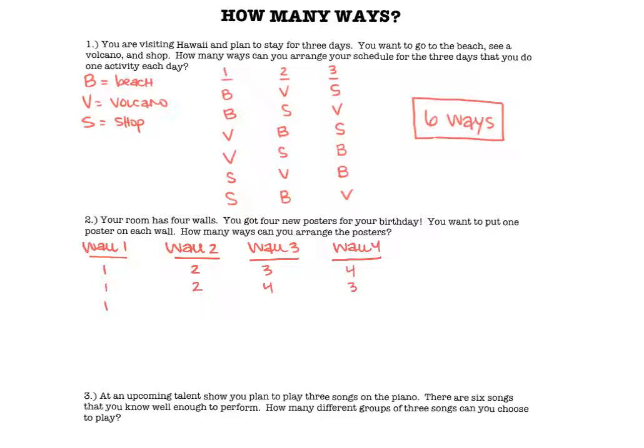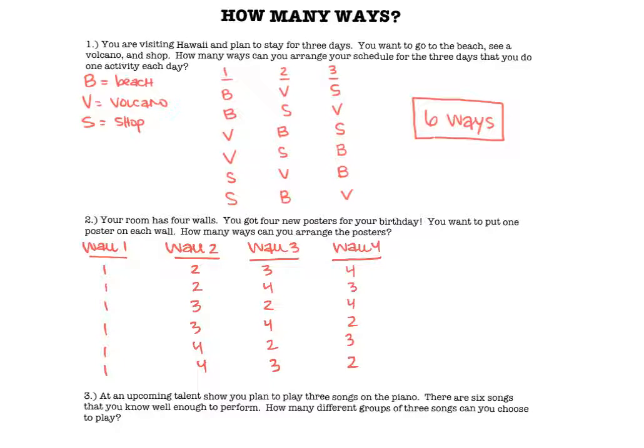Or I could keep 1 first and then put 3 in the second spot. And I'm listing all those ways. Or I could put 4 in the second spot. All right, and now as I look at my list, I don't think that there are any other ways that I could put poster 1 on wall 1 and have a different arrangement.